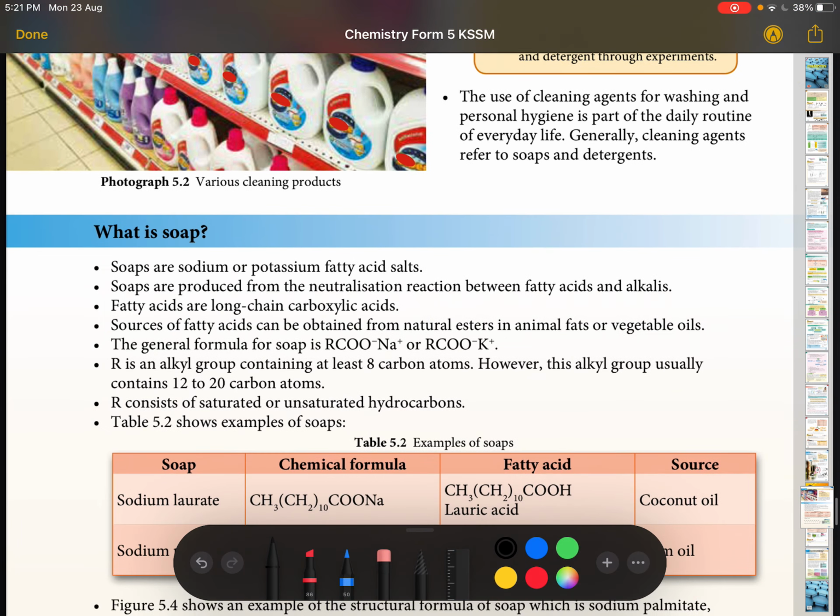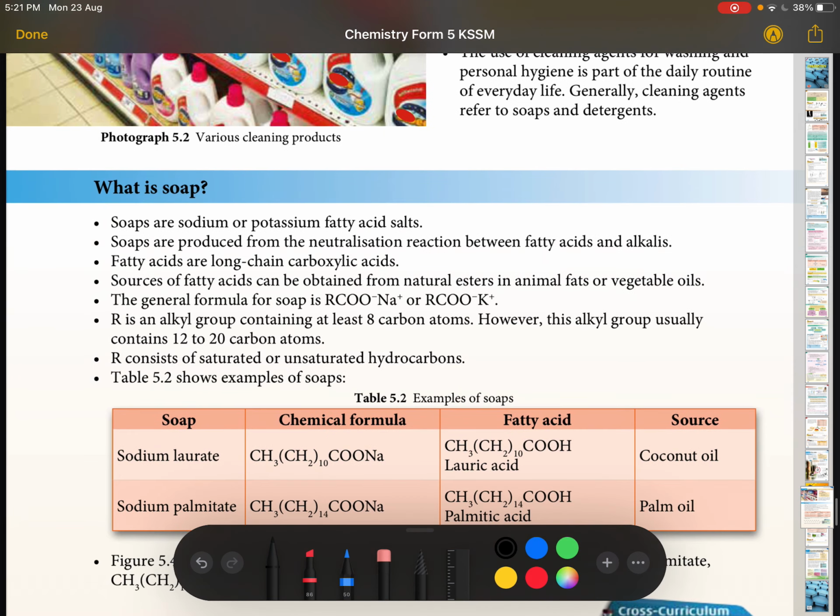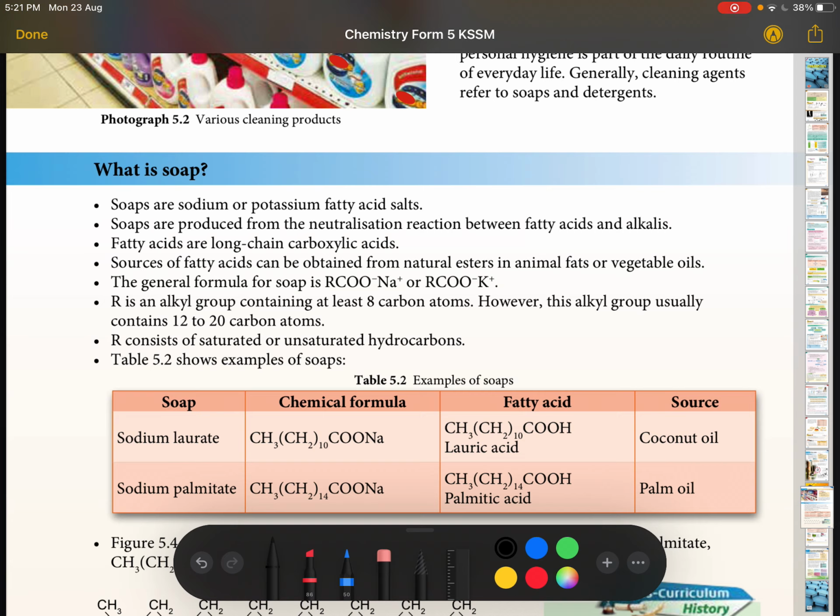Okay, cleaning agents. This is the most important subtopic. You need to know a few things. Number one is soap and detergent: how do they clean, why is detergent better than soap, and how do you make soap and detergent? So soaps are fatty acid salts, where the fatty acid anion combines with sodium or potassium.